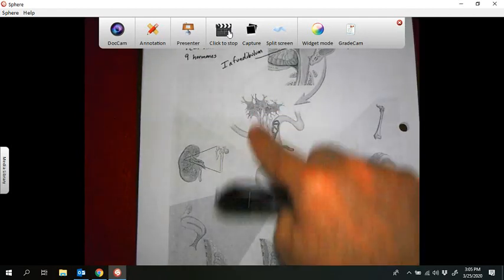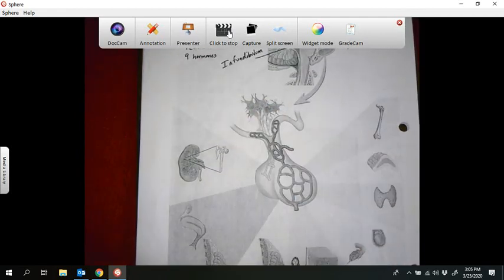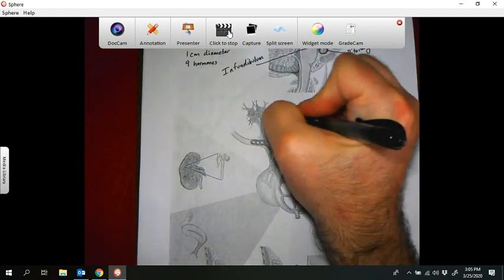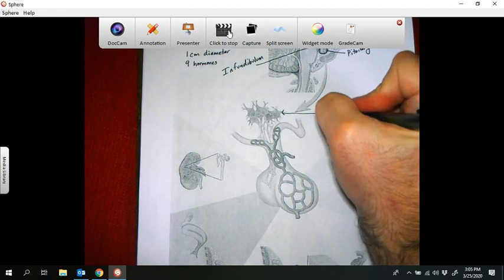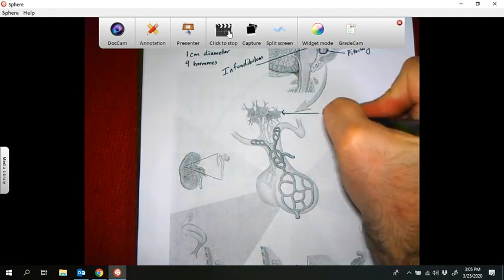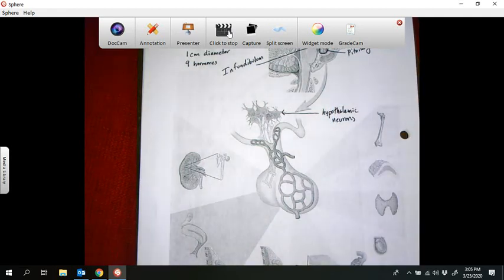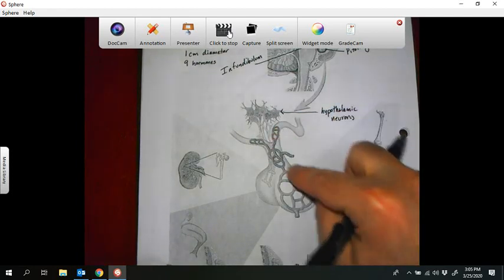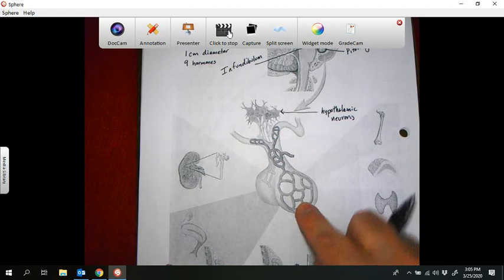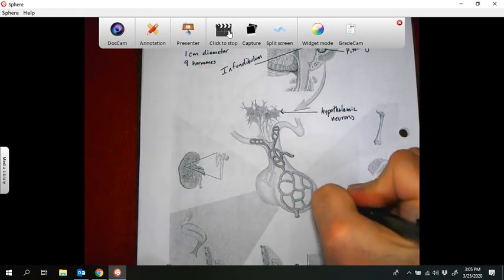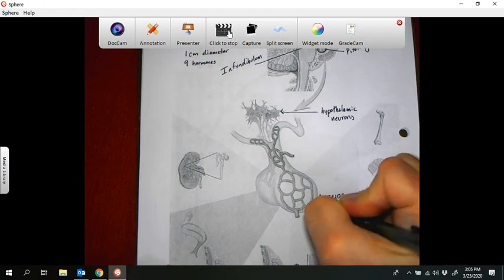So here is a bigger diagram of what the pituitary looks like. These right here are hypothalamic neurons. Then you can see that this network of blood vessels is only present here in the anterior pituitary.